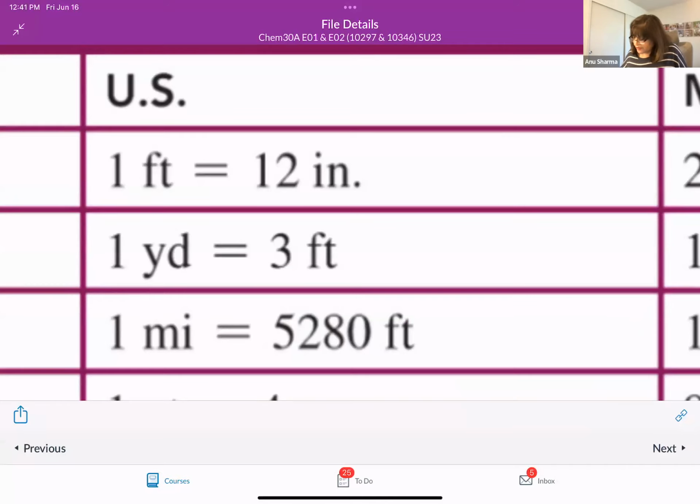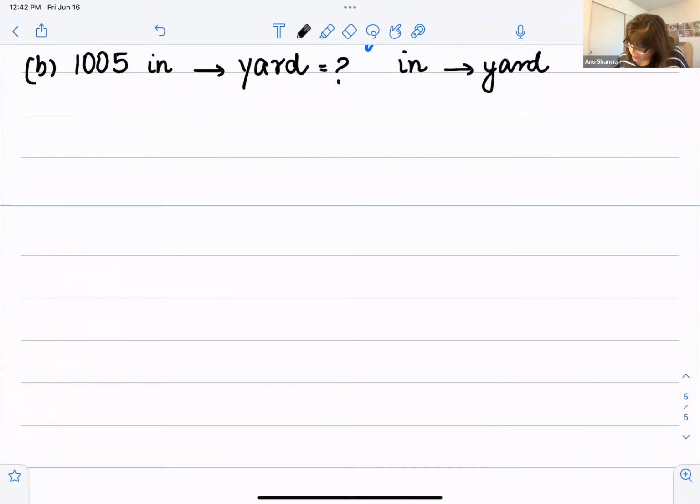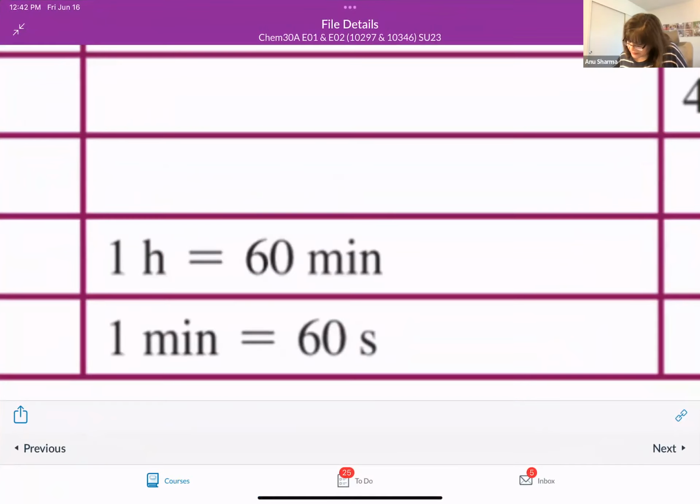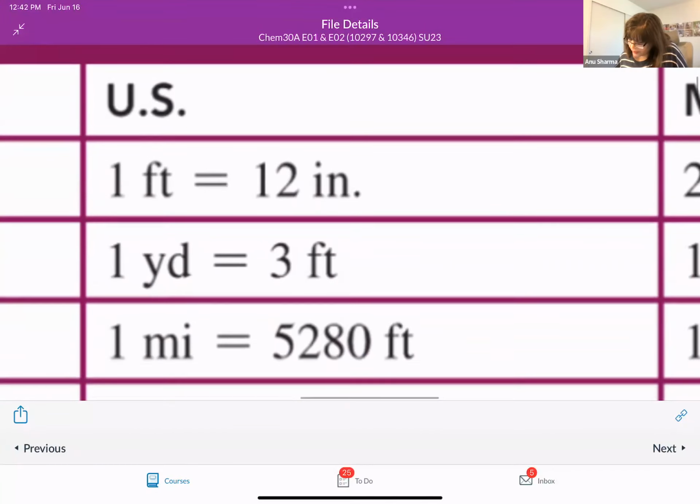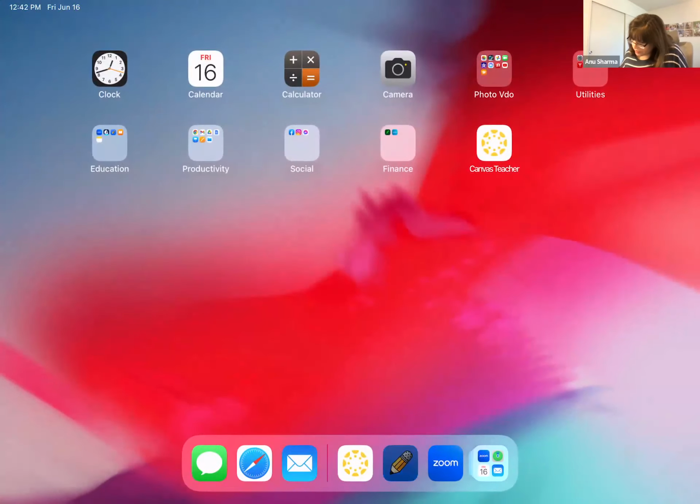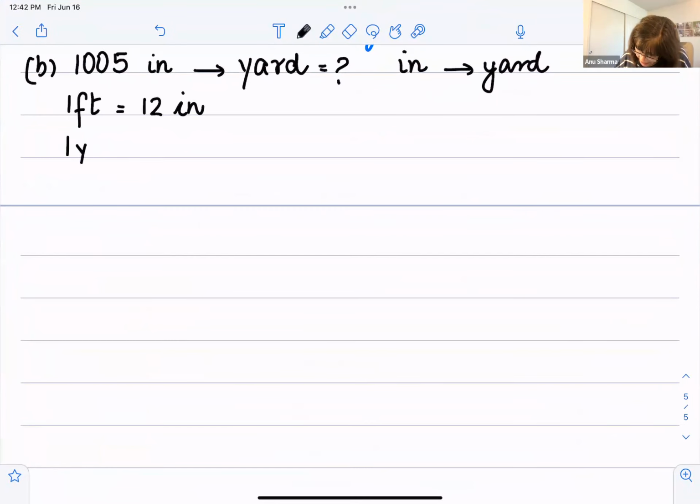So we know 1 feet is 12 inches. Let's write this down. 1 feet is 12 inches, and the next one is 1 yard is 3 feet.